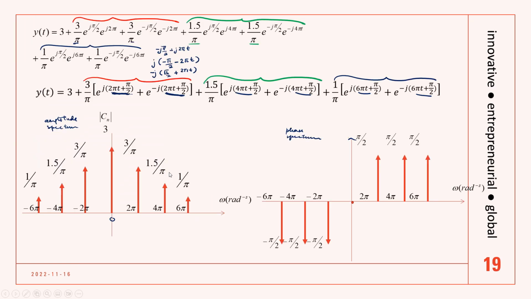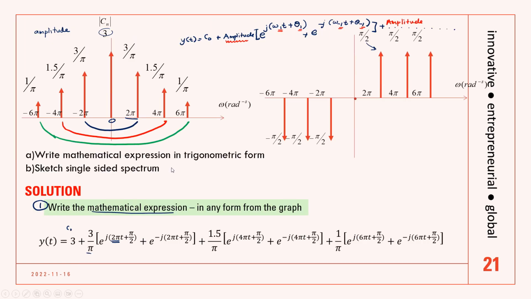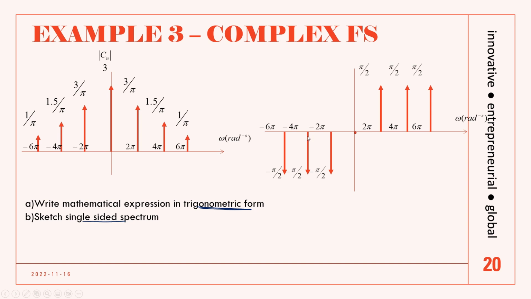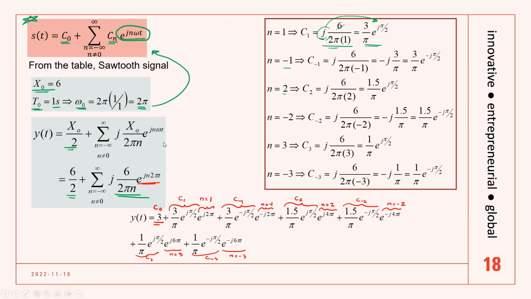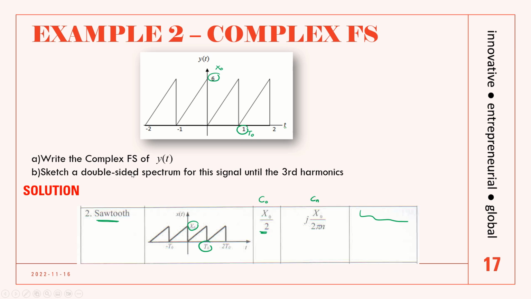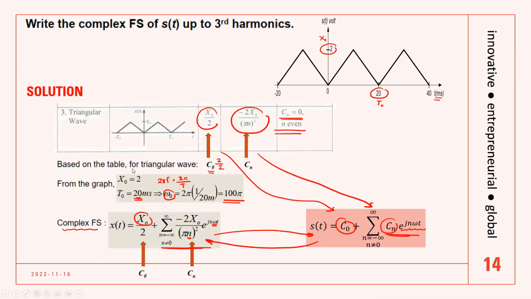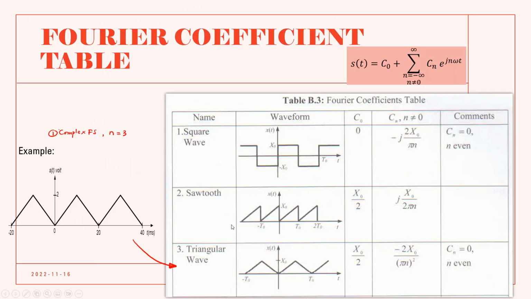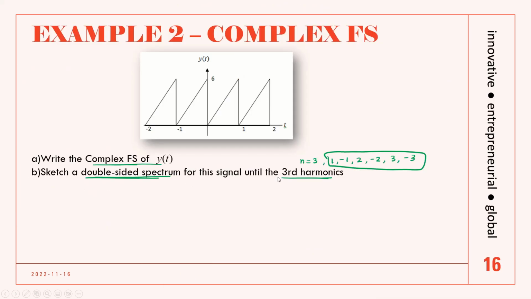And there's also a possibility where they give you this spectrum and you need to identify which type of Fourier coefficient wave it is. Alright, so please be prepared for that as well.